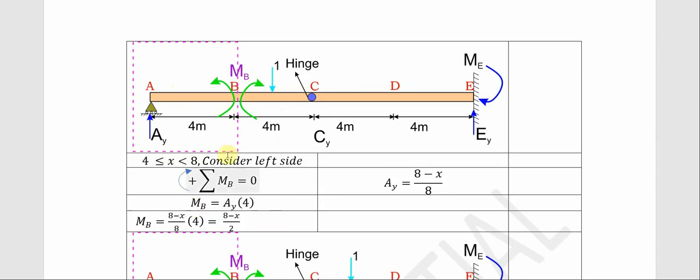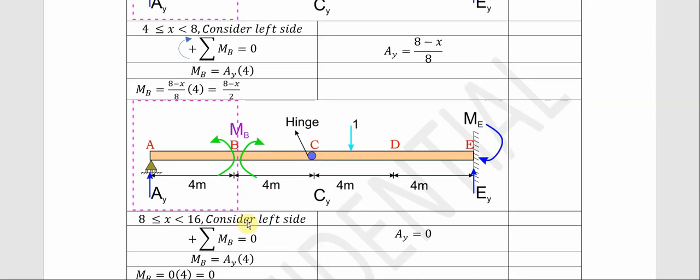So our MB equals to just 4 times this distance, EY times 4 will give us our MB. Or if you take moment about this, this side first times this perpendicular distance, so we have 8 minus s over 2.